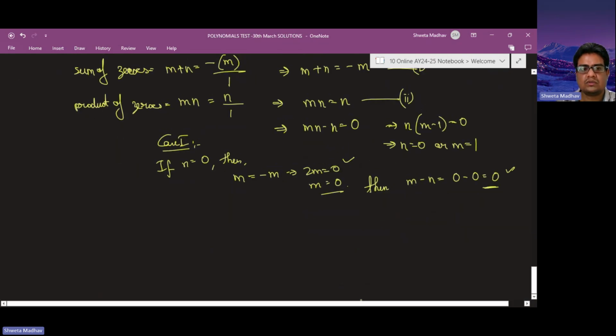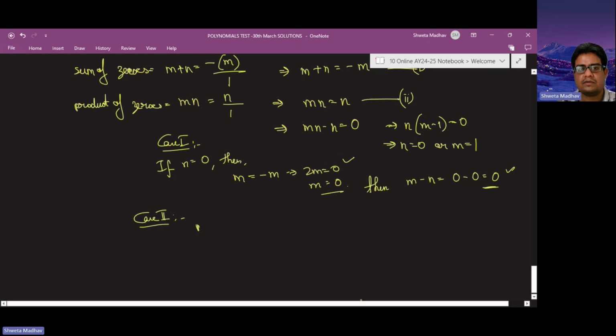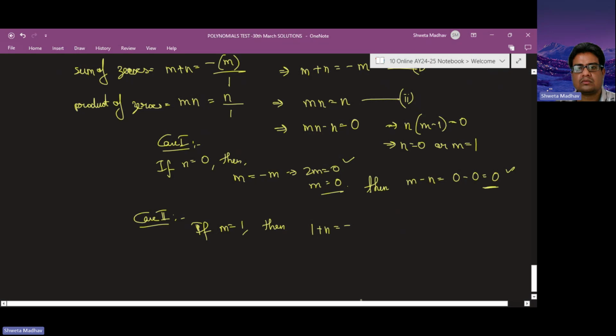And then in case 2, if m is equal to 1, then n obviously will not become 0. So if m is equal to 1, if we put that in the equation 1, then we will have 1 plus n equal to minus 1.